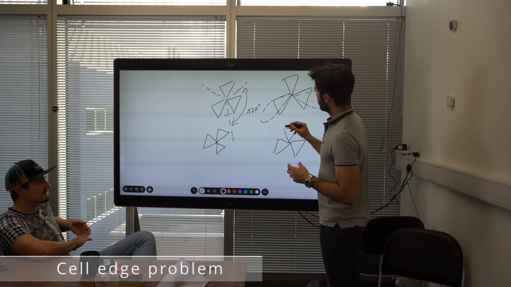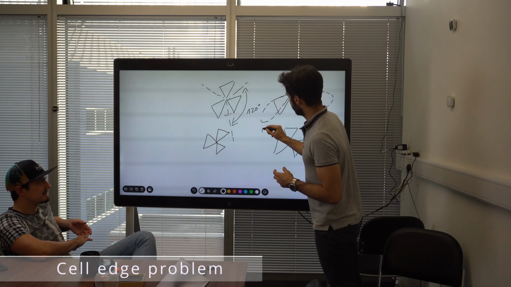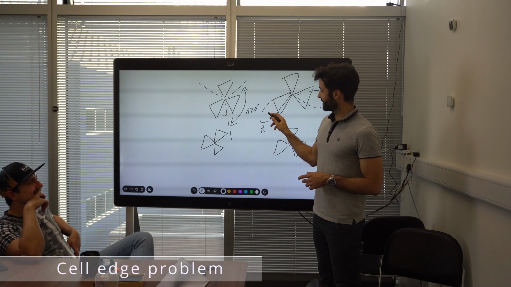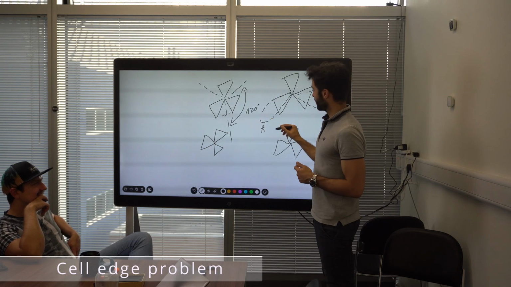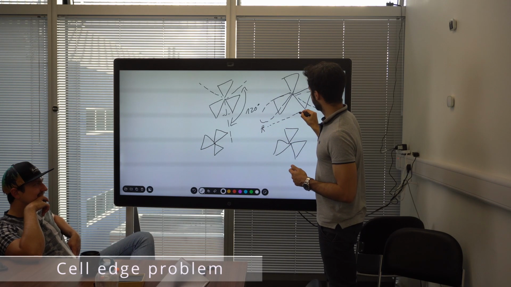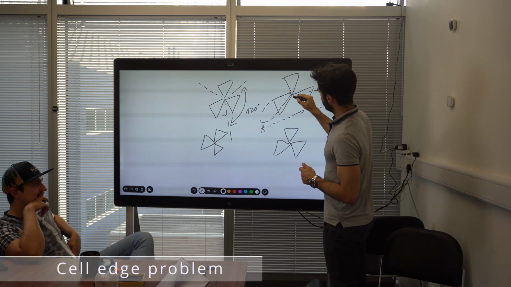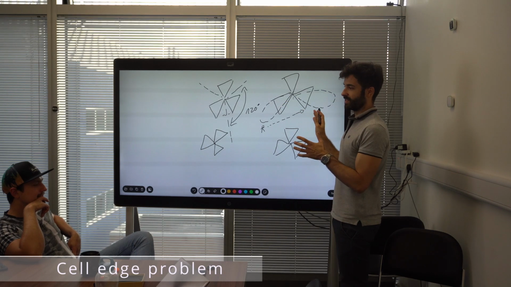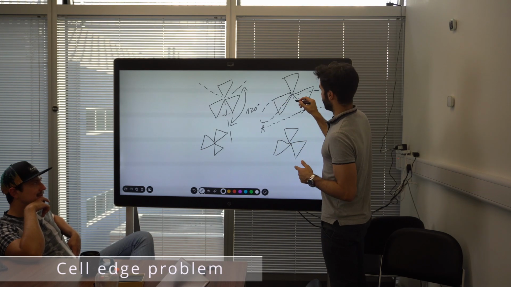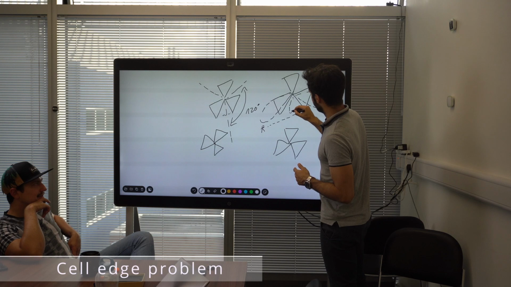Let's say that we have a user here, being served by this beam here, and then the user starts to move to the other sector. In the middle of sectors, usually the beams are a bit larger than this, but still in this frontier of the sectors.